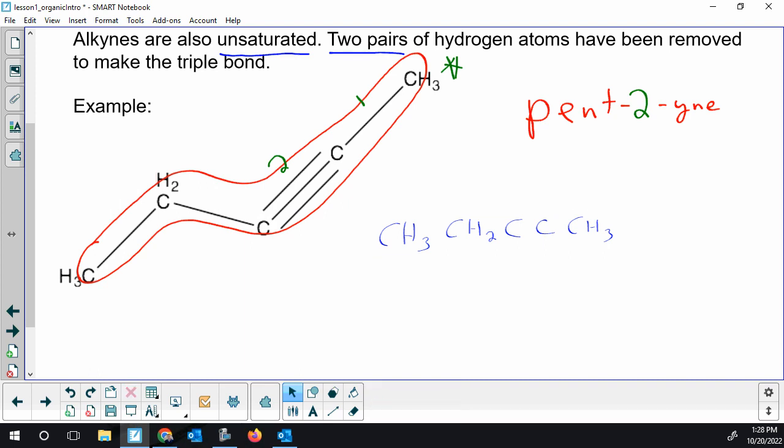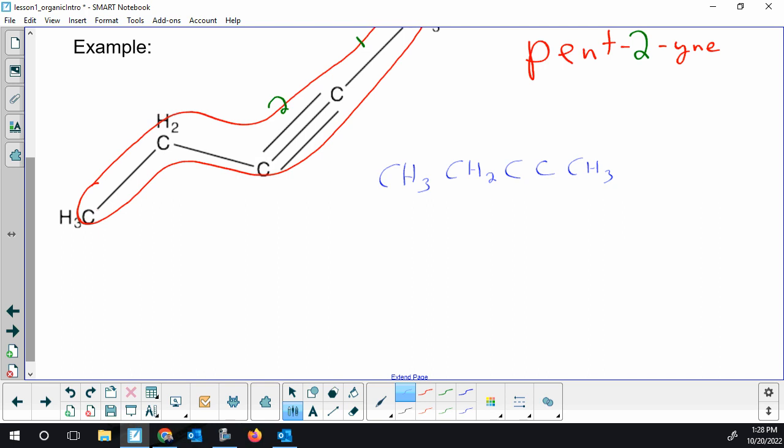Okay. Line structure. So we've got 5 carbons, a double bond on the second one. I'm going to do the line structure so it would be correct. 1, 2, 3, 4, 5, lift.